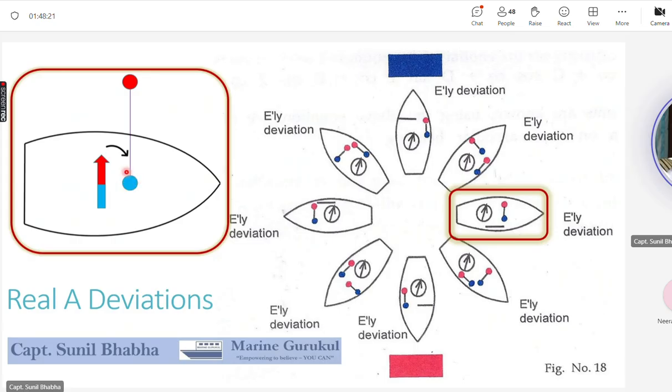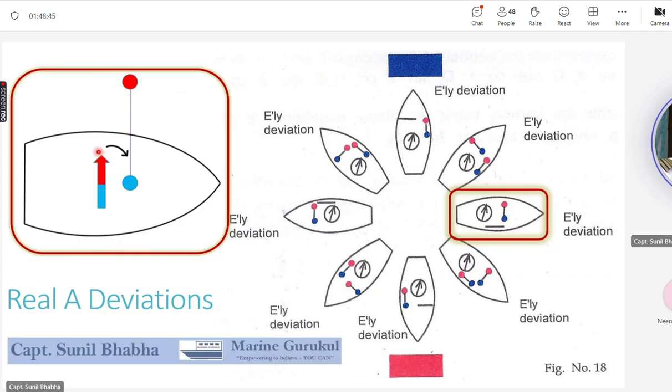Now we have a blue pole to the east of the compass. The compass needle points in the north direction. Vessel is heading in the easterly direction. So this blue pole, which is to the east of the compass needle, attracts the red end of the compass needle towards it. The needle is pivoted at the middle at this particular point here.